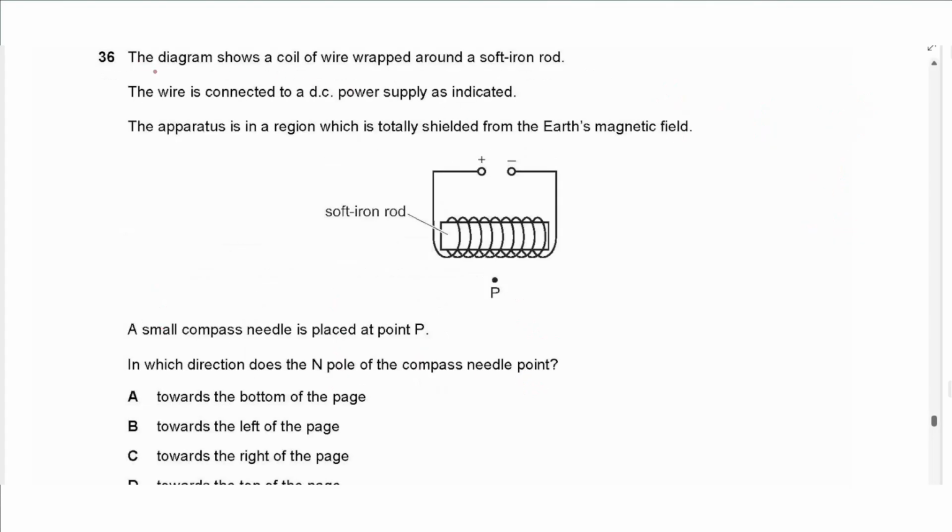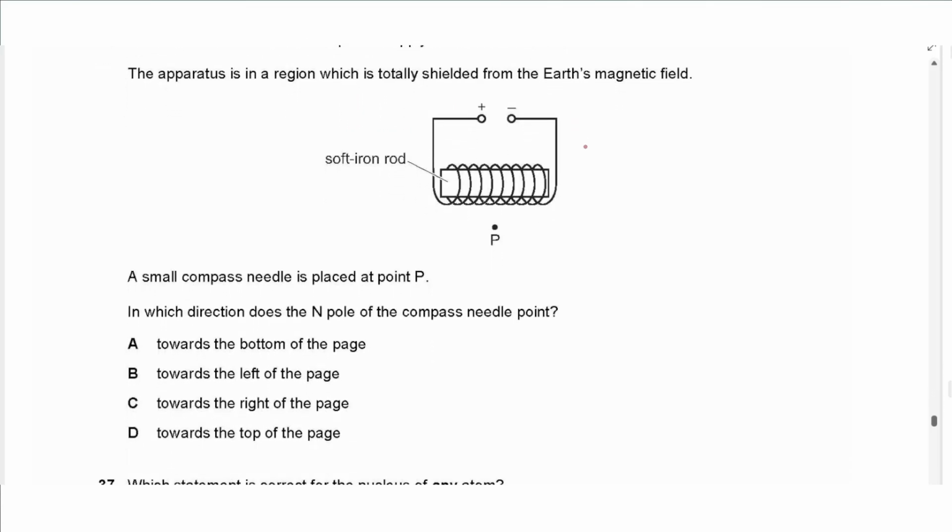Question 36 says the diagram shows a coil of wire wrapped around a soft iron rod. The wire is connected to a DC power supply as indicated. The apparatus is in a region which is totally shielded from Earth's magnetic field. A small compass needle is placed at point P. In which direction does the end pole of the compass needle point? So the current is moving in this direction, and the magnetic field line which passes through P would be like this, which will be an oval curve.